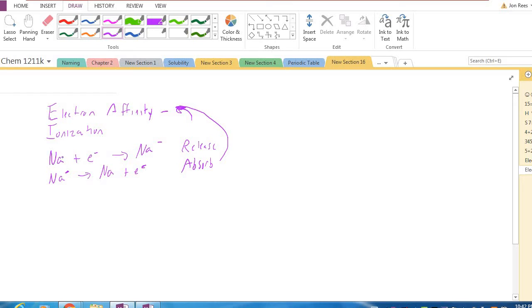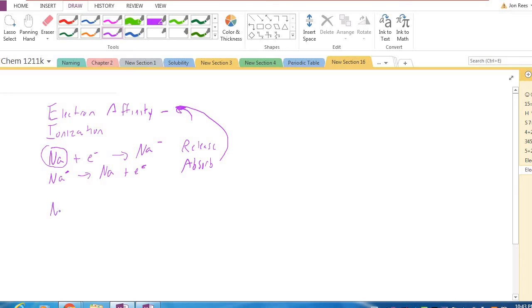So when I'm tackling problems, I look for the neutral. Occasionally there'll be some tricky ones where they'll do a second ionization energy or something like that. But generally look for the neutral, find out what's happening to the neutral, and then look for how the arrow is pointing. I'll do some examples in a second.